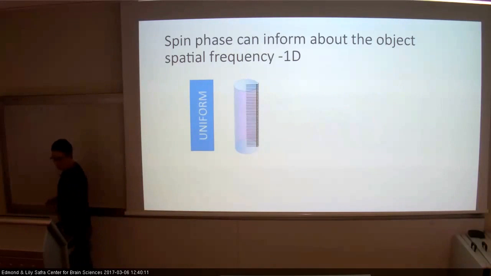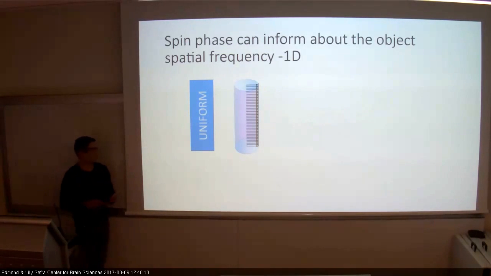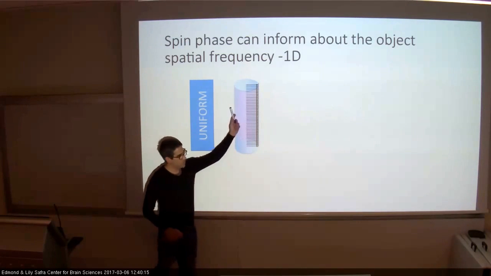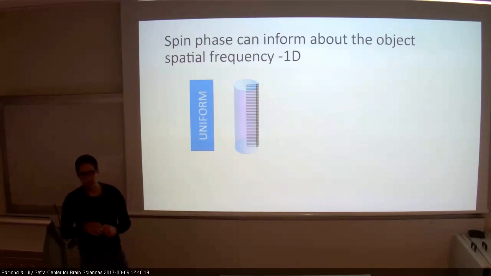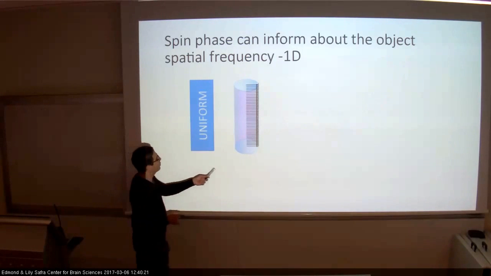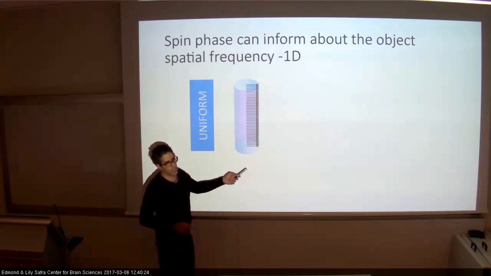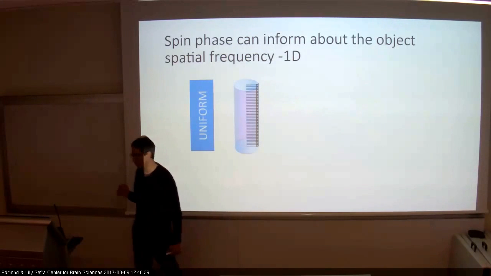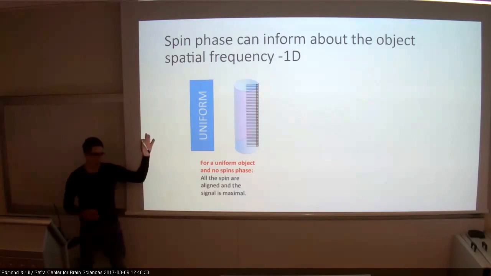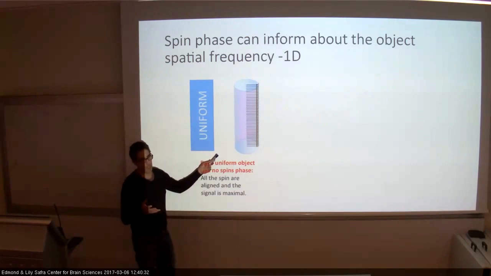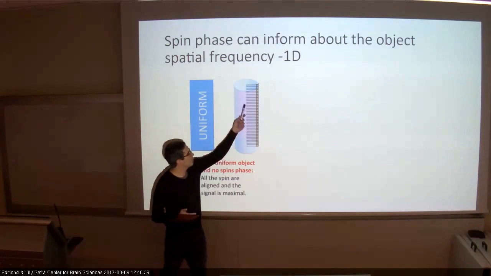I'm going to start with spins which have no phase, so they all align, and the signal I'm going to measure is going to be summed across them, and going to have some signal. Let's say my measured signal reflects the summation of all those spins.